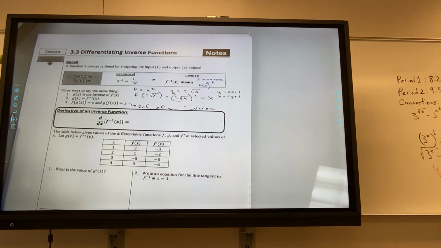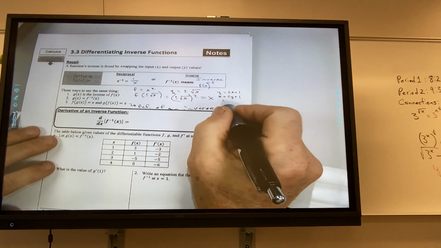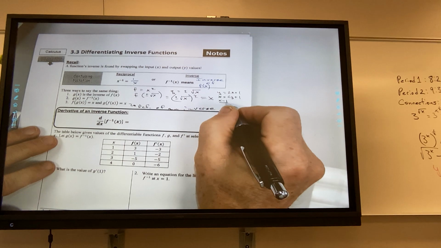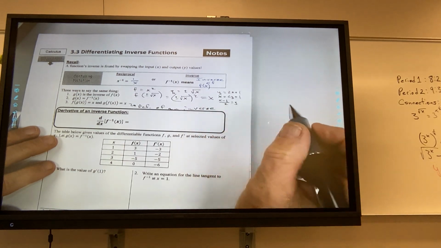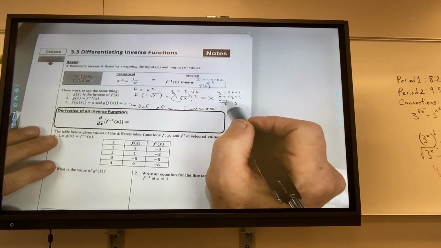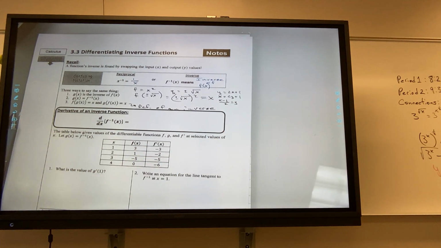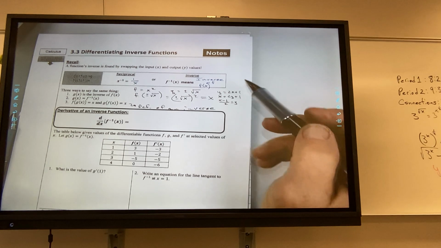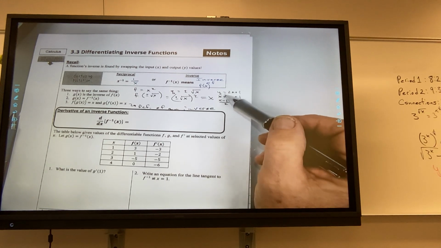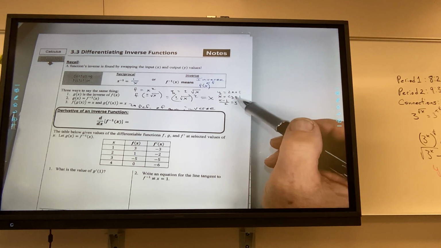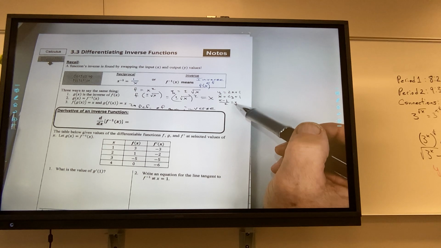And so I'm going to get x minus 1 divided by 2 is equal to y, and if I put that into here, I would get x and vice versa. What I'm saying here is what you told me before, right? Didn't you interchange the x and the y to get the inverse? Yep. That's what I did here, and then I solved for y.